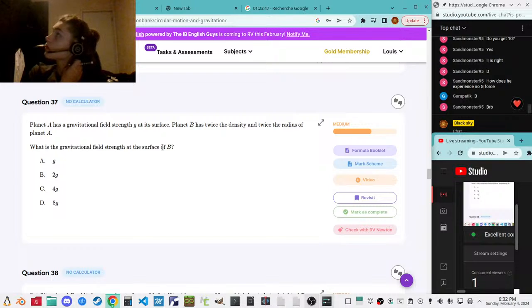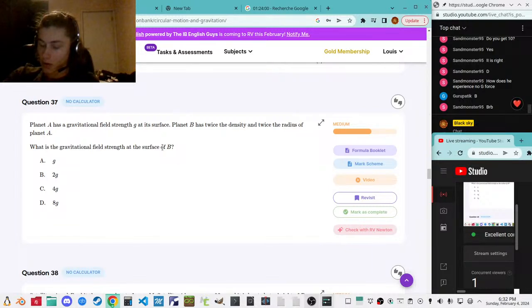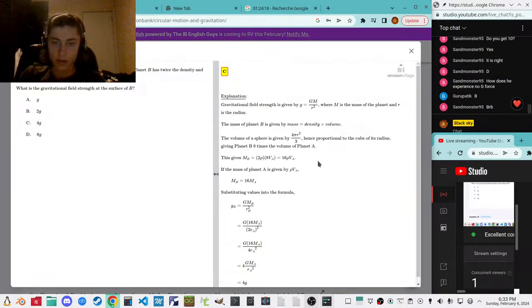Twice the radius, therefore its volume is times by 8. If it has twice the density, then 8 times 2 is 16. 16 times the mass. Is that potentially correct? Making C a wild guess. Yeah, C.